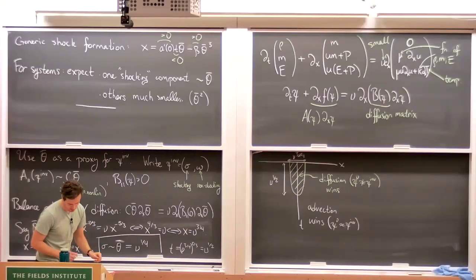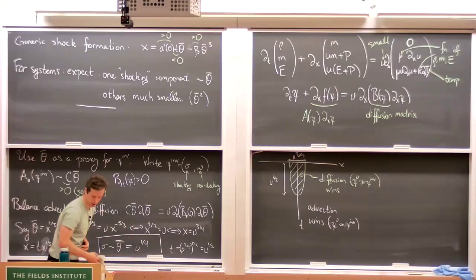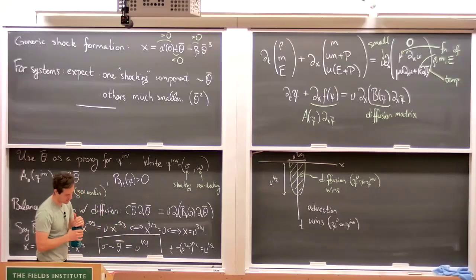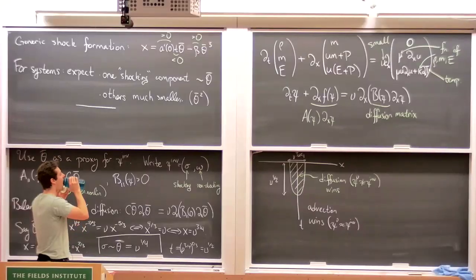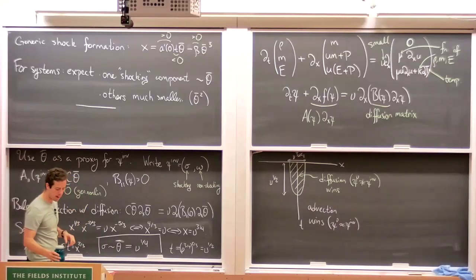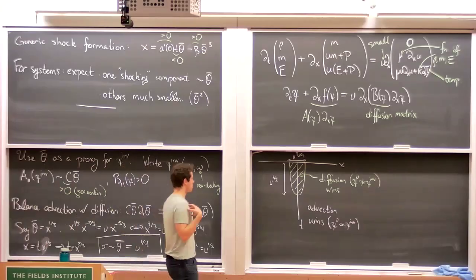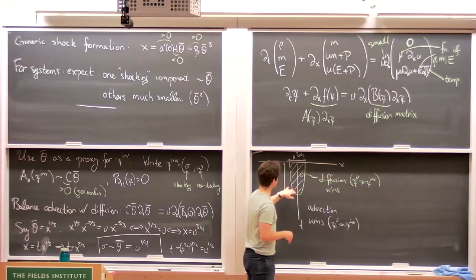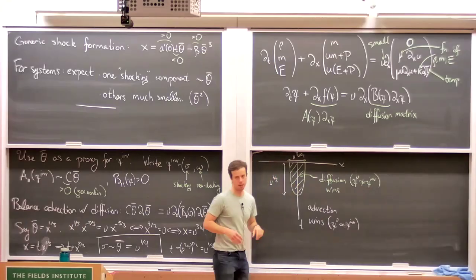Okay, so what do I want to do with these kind of informally derived exponents? My intent is to rectify the poor description of the viscous solution in this inner region. And I'm going to use these scaling exponents to do that.